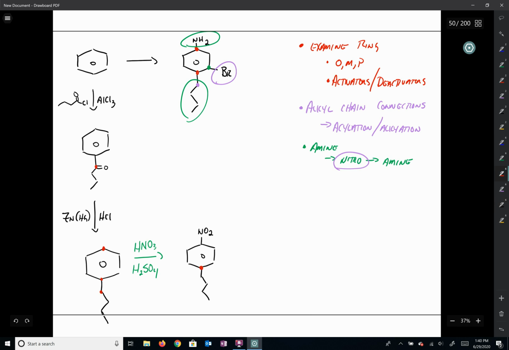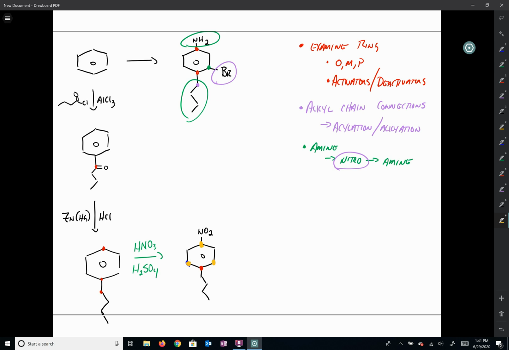Well, this is an ortho-para director, right? The para position's blocked by the nitro, and my ortho positions are here. Cool. My nitro group here is a meta director. Where are my meta positions? Aha. So now we've set up a situation where we overlap our ortho and meta directors here.